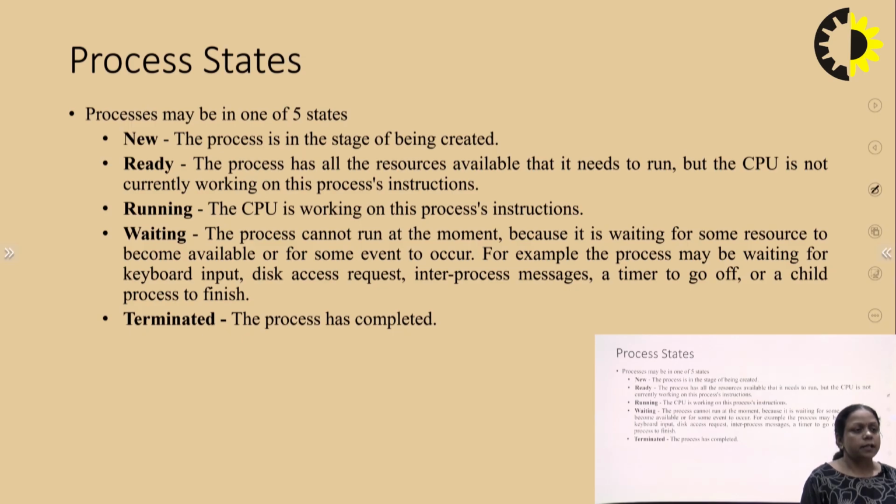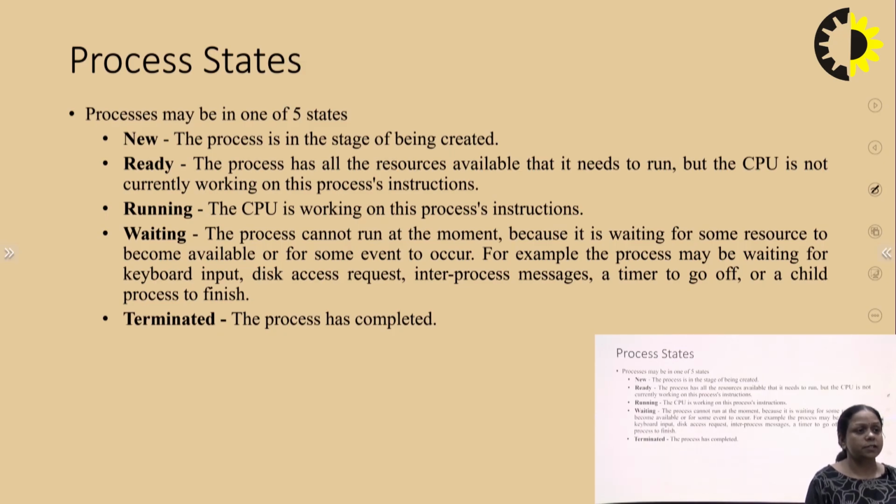Fourth one is waiting. The process cannot run at the moment because it is waiting for some resources. For example, if a particular process doesn't have the resources and it cannot complete without that resource, then it will be in the waiting state. The process will wait for the particular resource, and when the process gets this resource, it will go to the ready state.